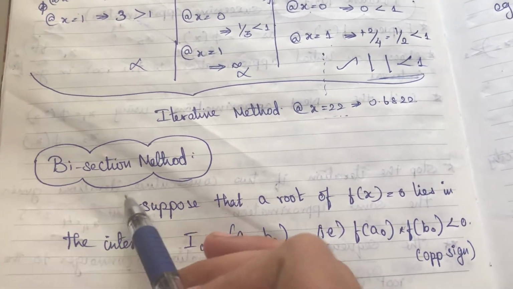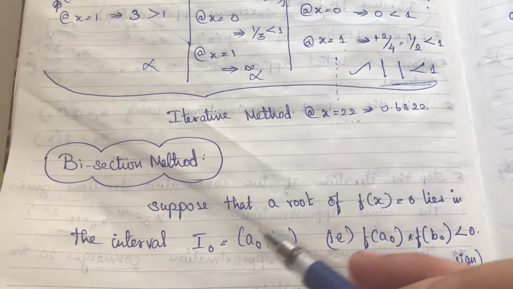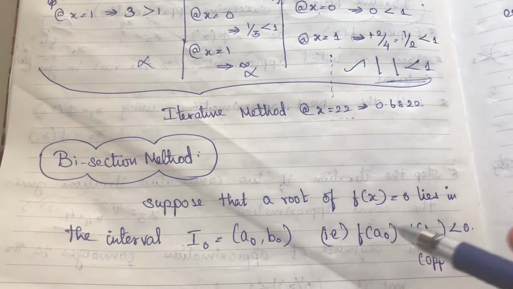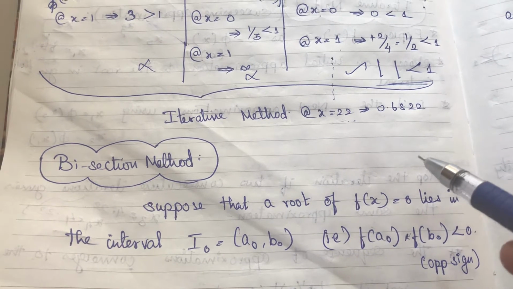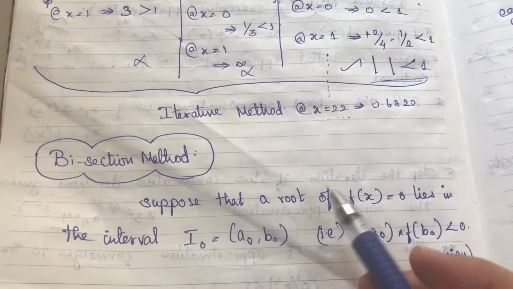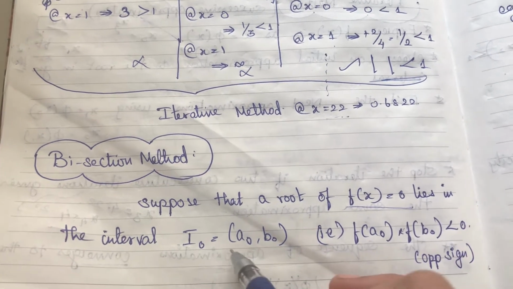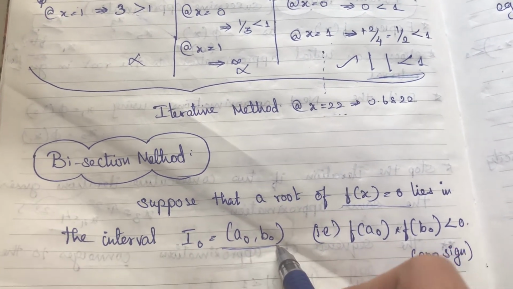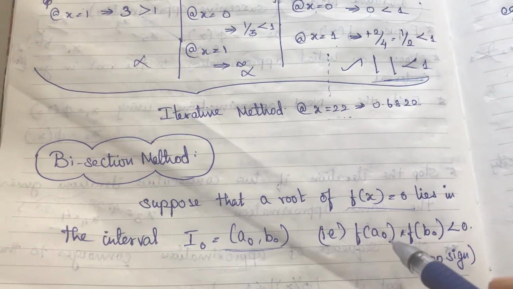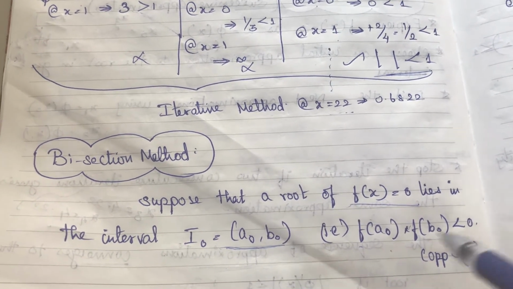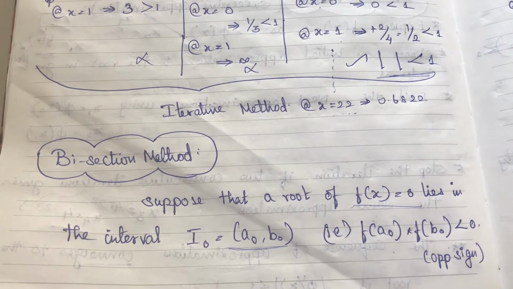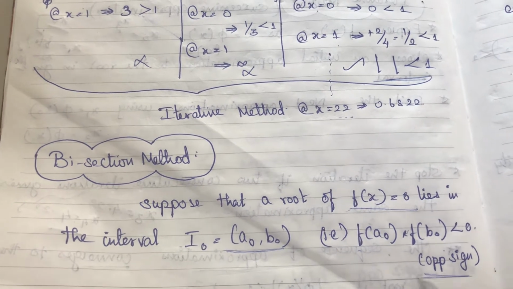Next form, bisection method. Suppose that a root of f of x equal to 0 lies in the interval a0, b0. We have said the root of f of x is 0 and it is in the interval, which means f of a0 into f of b0 should be less than 0 because they have opposite signs.